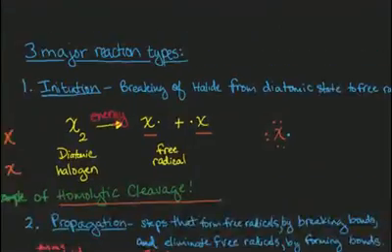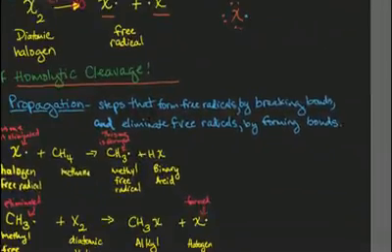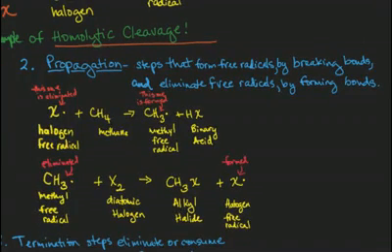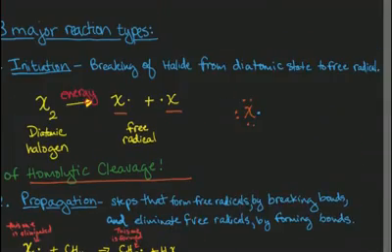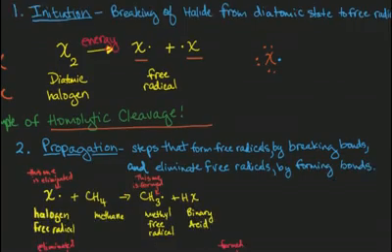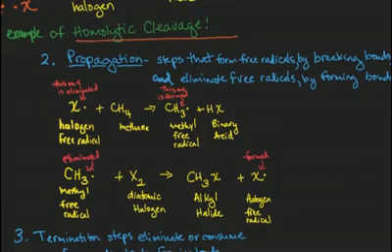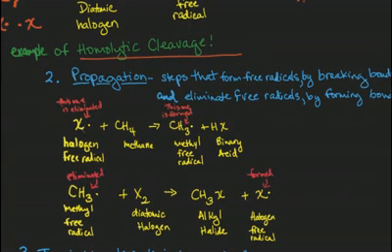All right. So propagation. Propagation creates free radicals and it consumes them. On initiation, we just created the free radical from the diatomic halogen. Here, what happens is that free radical that you got from splitting the halogen bonded to itself can get an alkane.